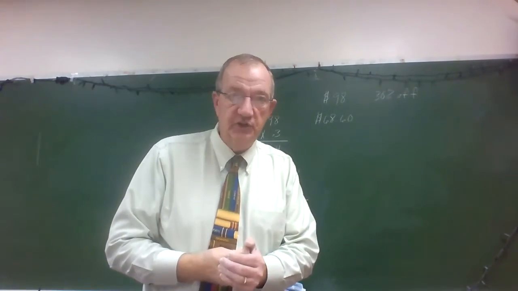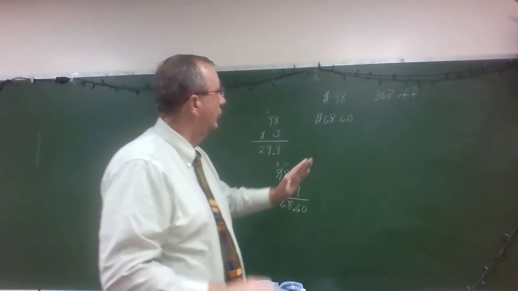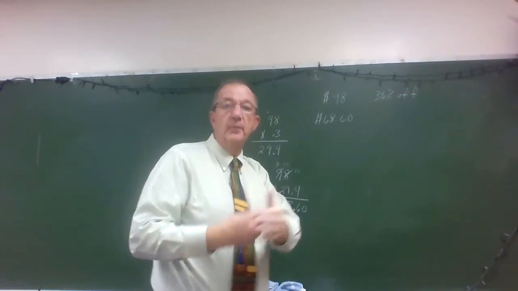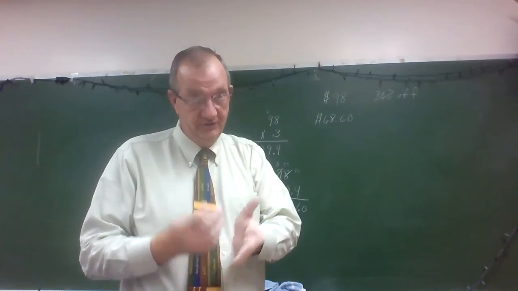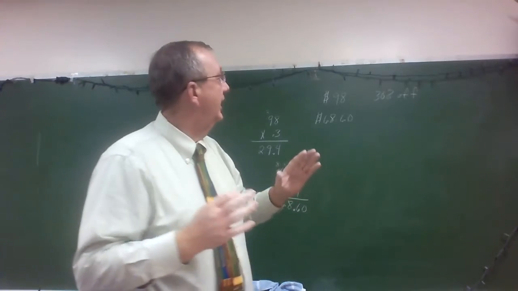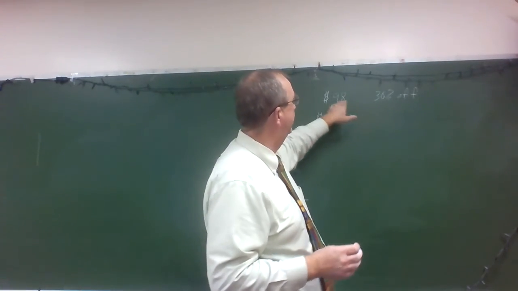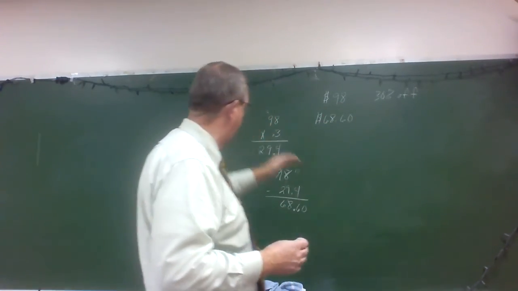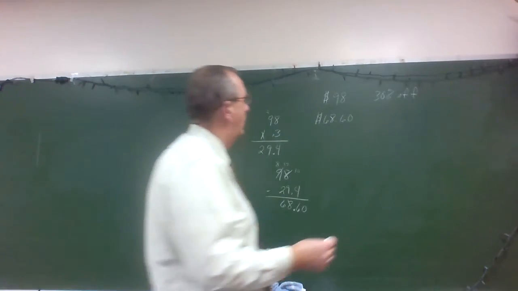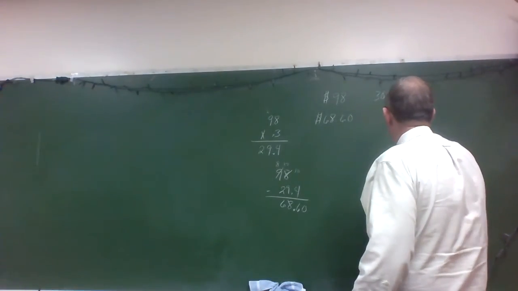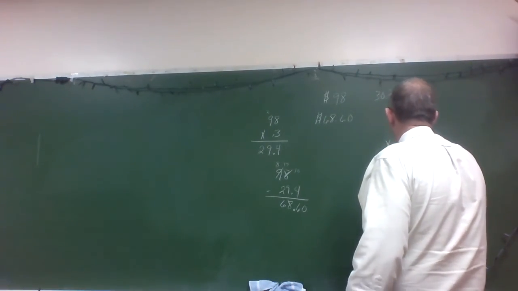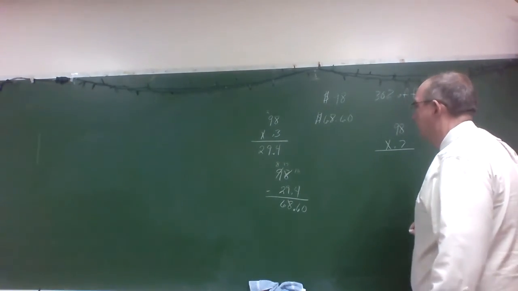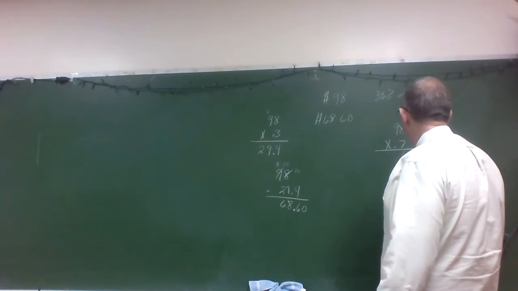Let me show you an easier way, okay? The easier way is if it's 30% off, 30% from 100% is what? 70%, right? So I can take 70% times the price, and that's going to give me my sale price without having to do the extra step. So I'm going to say 98 times 0.7, okay? 7 times 8 is 56.